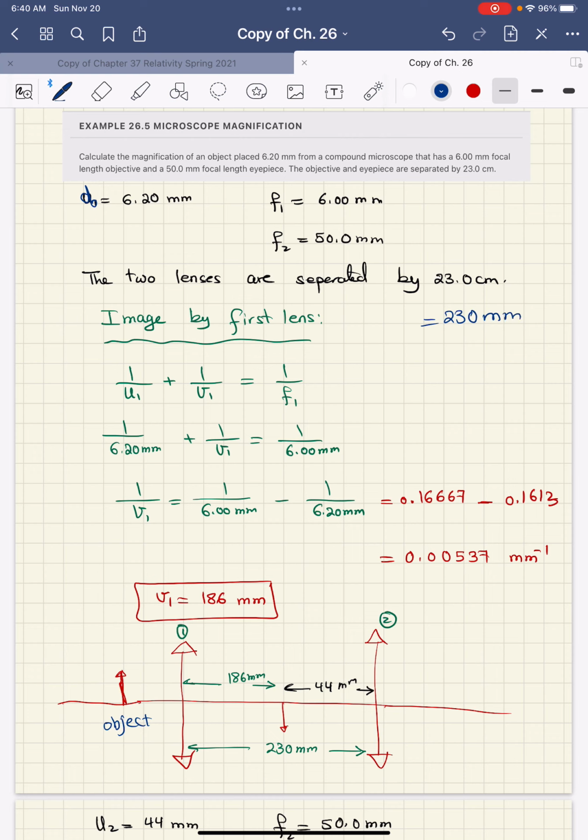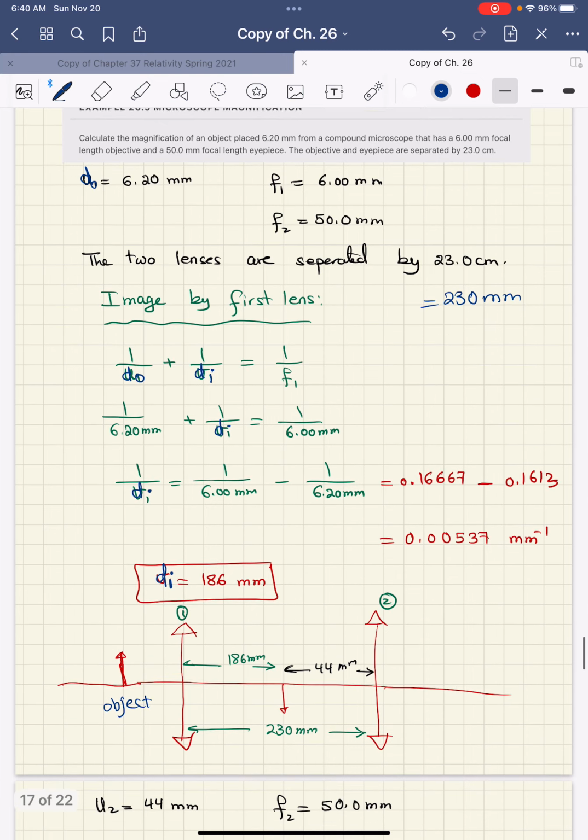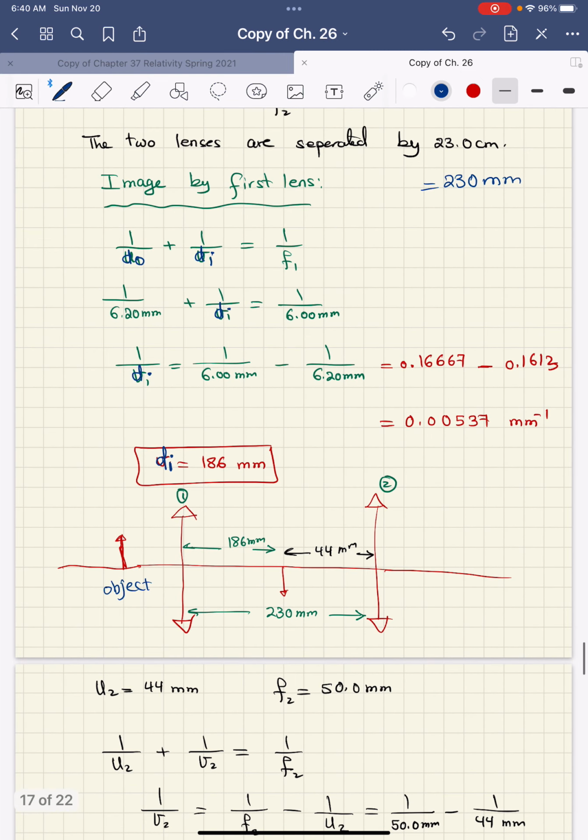Here I will say 1 over d object plus 1 over di equals 1 over f1, and therefore I will be able to calculate the distance of the first image. It is 186 from the first lens. Therefore, on the diagram, this is the image, and it is at 186 millimeters from the first lens.